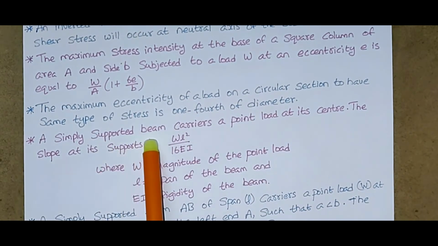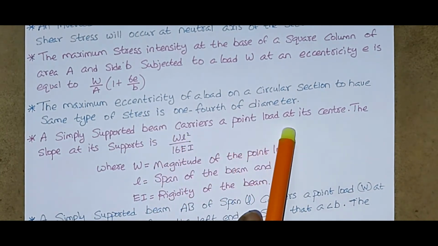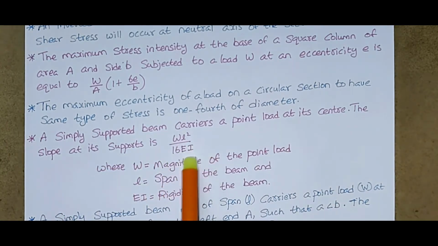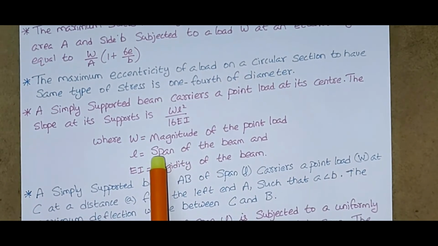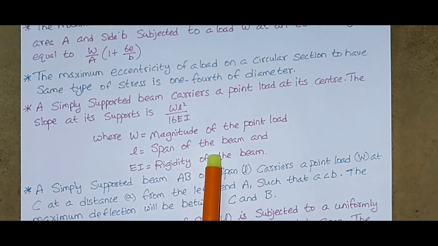A simply supported beam carries a point load at its center. The slope at its support is WL square by 16 EI, where W is the magnitude of the point load, L is the span of the beam, and EI is the rigidity of the beam.